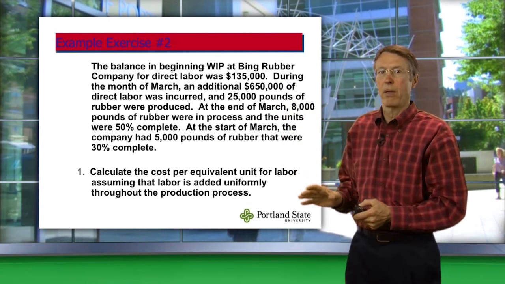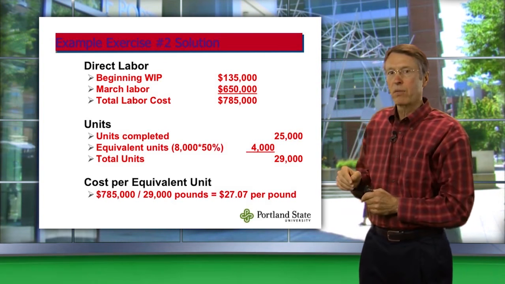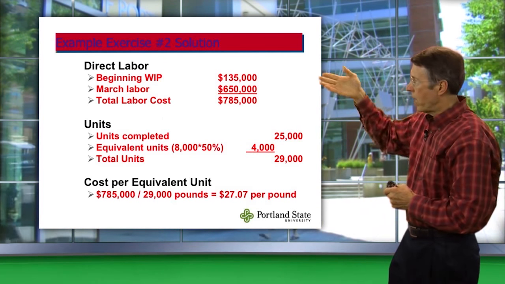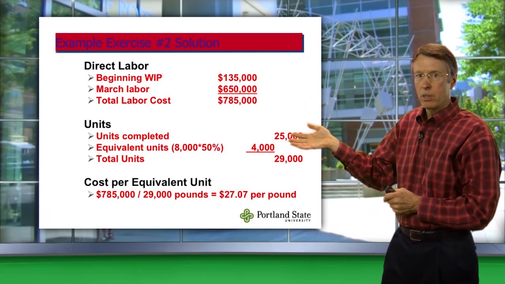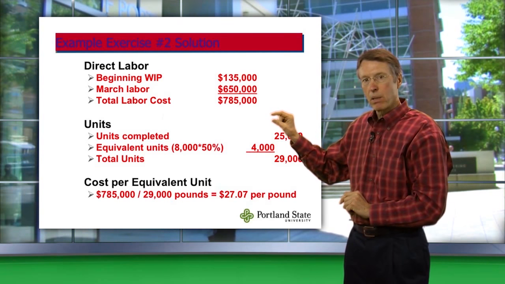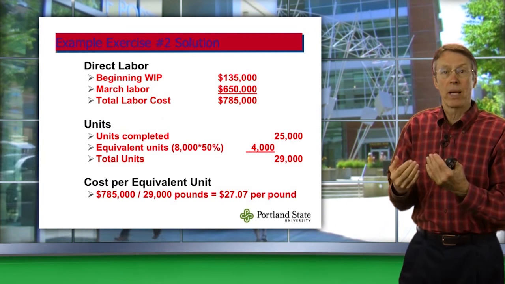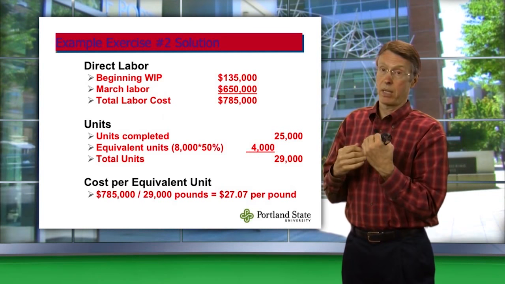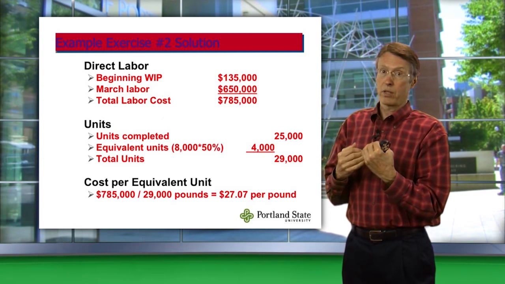Let me show you quickly how that works. For labor, we have a beginning balance of labor in work in process. We know how much we added during March, so we have a total labor cost. We know how many units we completed during the month, and we know what the equivalent units are. That's 8,000 times 50% complete with respect to labor. So that's 4,000.